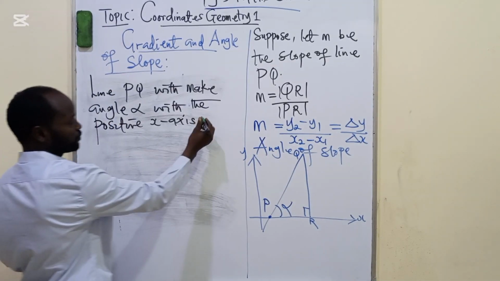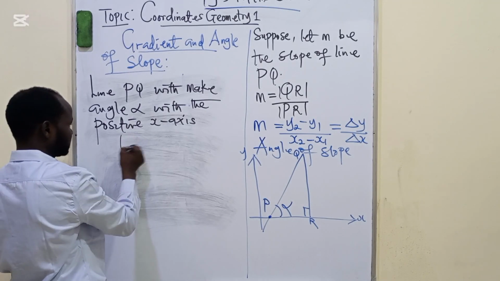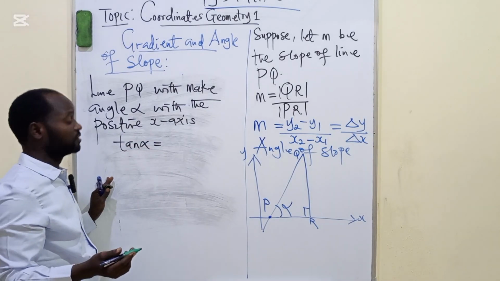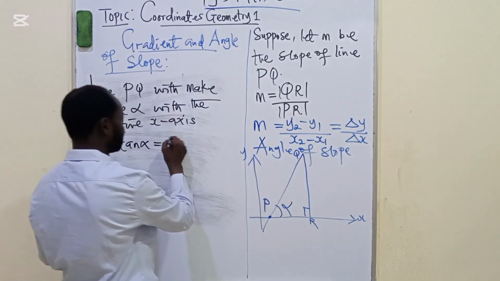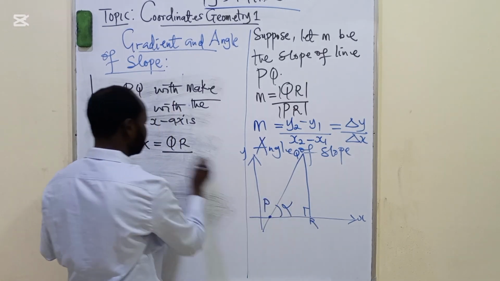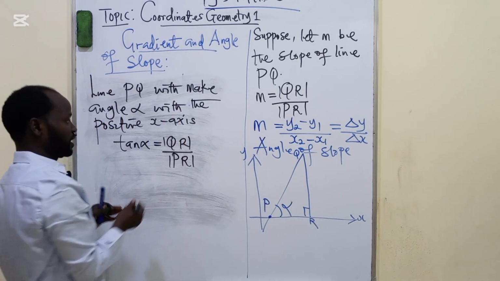So when we use the knowledge of trigonometry, we know that tan alpha is opposite over adjacent. Opposite now is length QR divided by length PR. And this will be our slope.